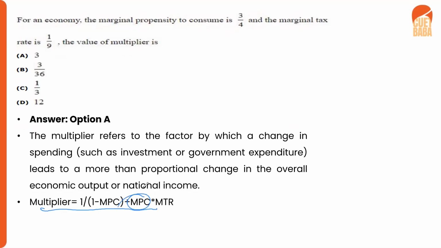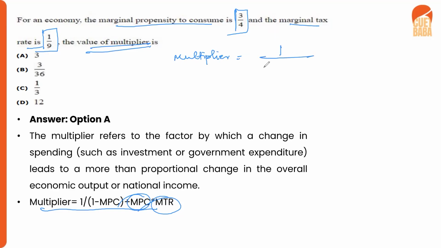The MPC over here stands for marginal propensity to consume, that is given as 3 by 4, and the MTR stands for the marginal tax rate, which is given as 1 by 9. So again, it's very easy to find the value of the multiplier. You just have to remember the formula, and I'll write it again.